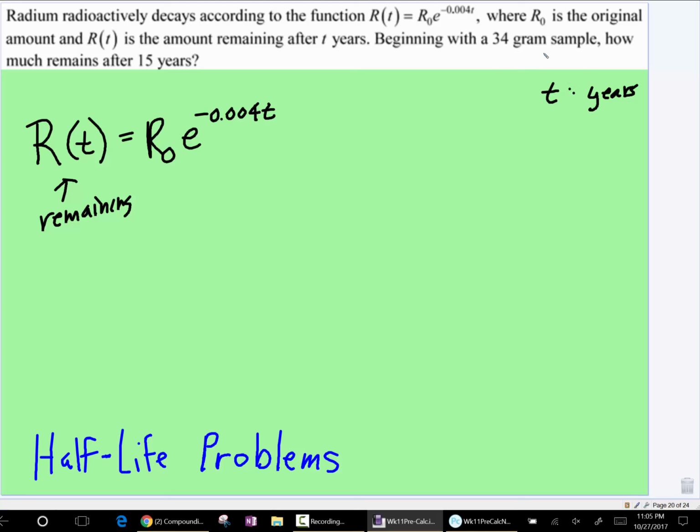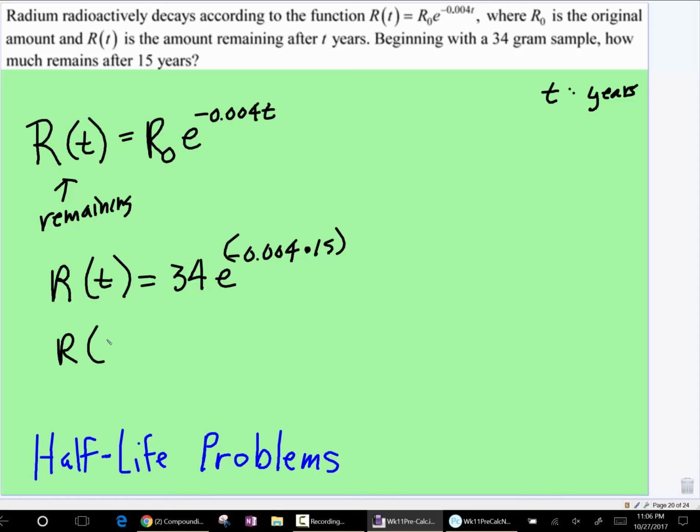So beginning with the 34-gram sample, so that's the R sub 0. So R sub t, we get 34 grams times e to the negative 0.004. How much remains after 15 years? So times 15.